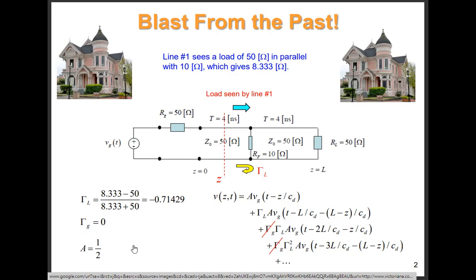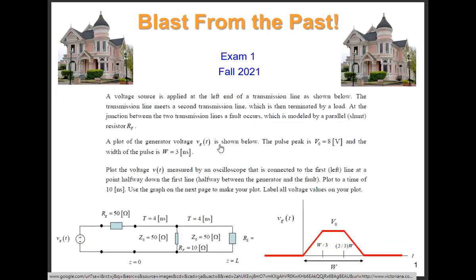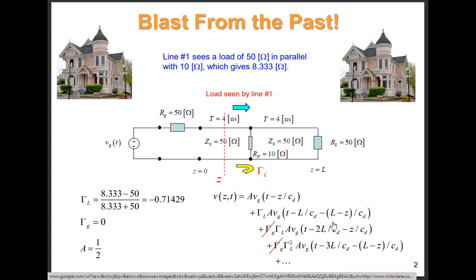Okay, so notice when the waveform first comes out from the generator, it gets launched on the line. Notice that the amplitude is not going to be V0, which was 8 volts, but it's going to be 1/2 of that, so it's going to be 4 volts, right? Because the A coefficient is 1/2, right? So that's what the incident wave is going to look like coming down the line. But then it hits here and bounces back.